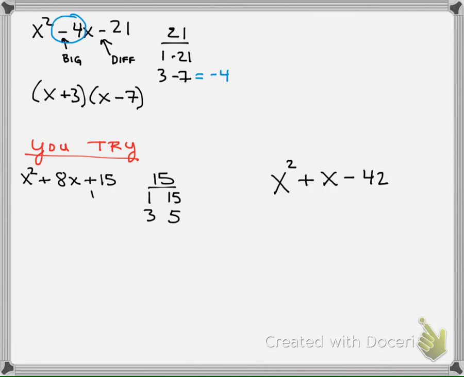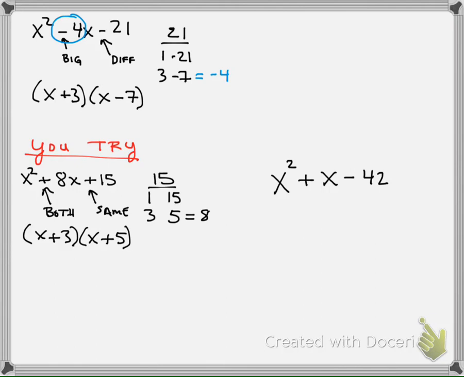This time read the signs. The signs are the same, and they're both going to be positive. So if everything's positive, the one that gives me 8 is a positive 3 and a positive 5. Then we write our factors. So x plus 3, x plus 5.